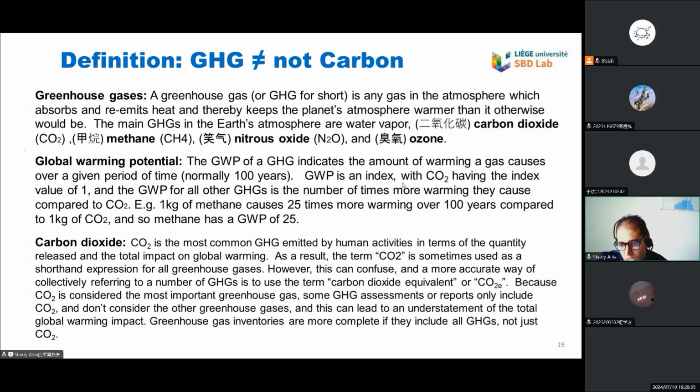And the global warming potential is a universal index, or a universal key performance indicator, with CO2 having the index value of 1. The global warming potential for all other greenhouse gases is the number of times more warming they cause compared to CO2. For example, 1 kilogram of methane causes 25 times more warming compared to 1 kilogram of CO2.